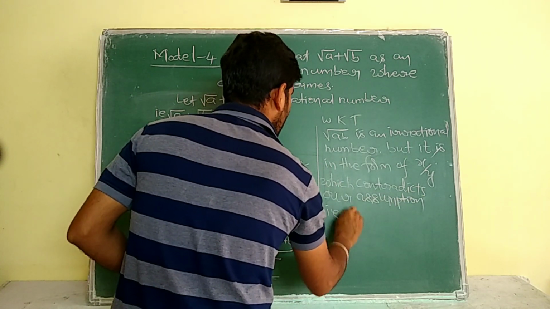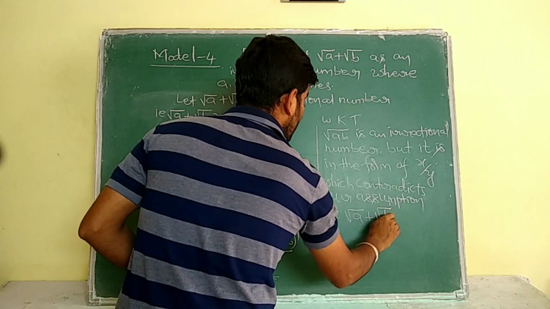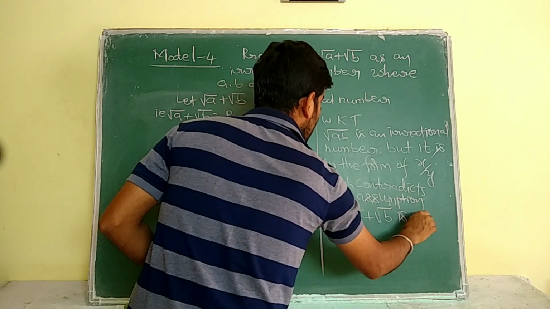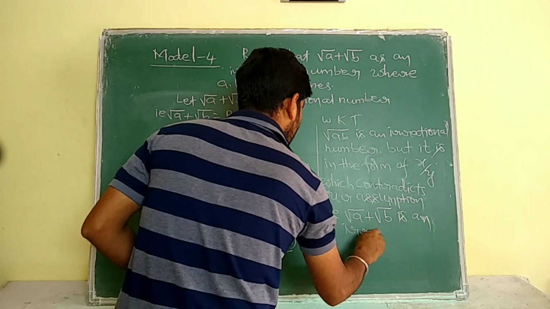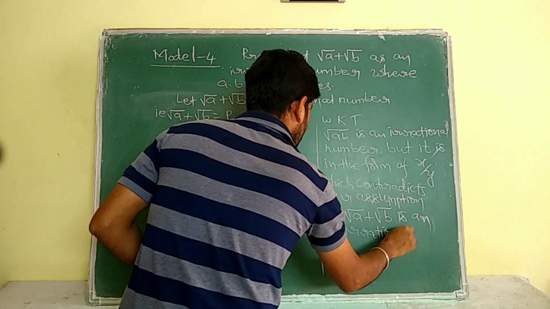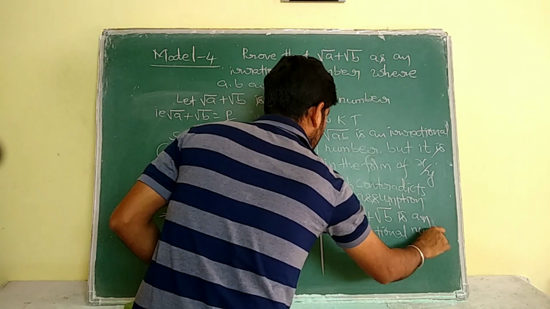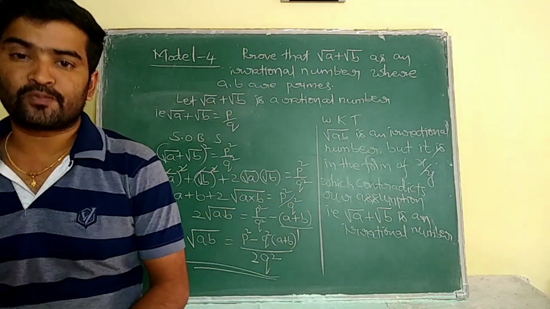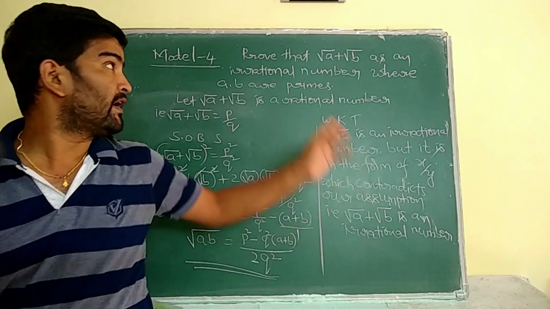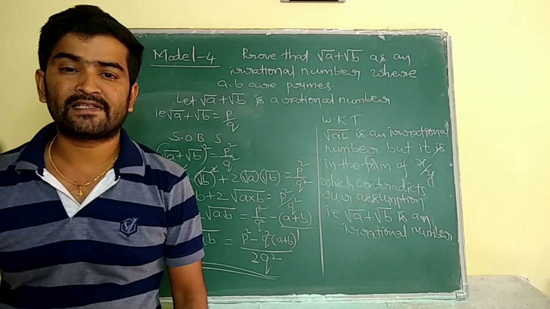That is, root a plus root b is an irrational number. Like this, we are going to prove any numbers in the form of root a plus root b as irrational numbers.